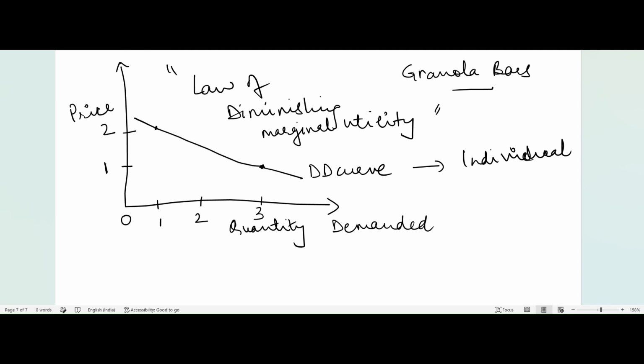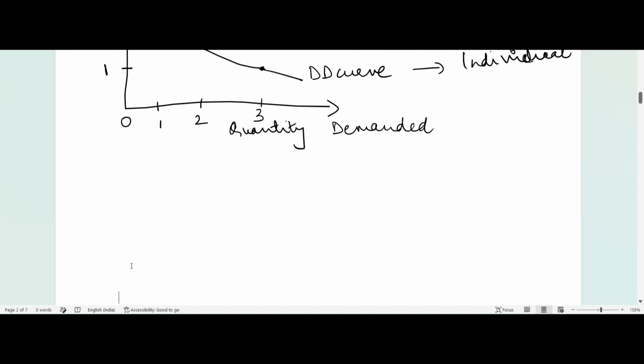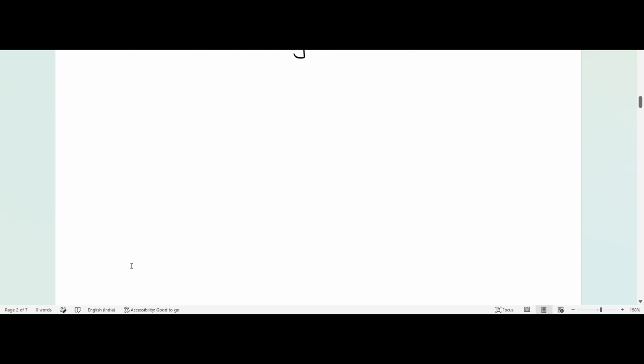Okay, now let's talk about the market demand curve. What's a market demand curve? Let's start with an example. Let's say it's summertime in India and we have lots of mangoes, right?